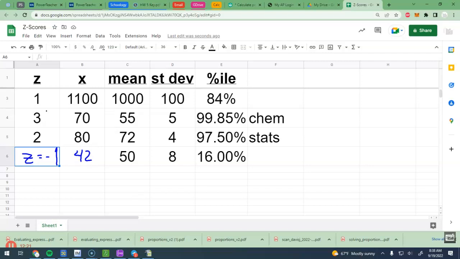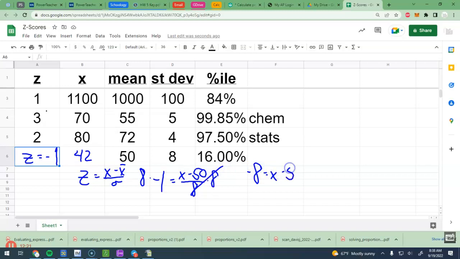Or if you want to do it algebra-wise, you've got your formula z equals x minus x bar over standard deviation. So -1 equals x minus 50 over 8. And then I would multiply both sides by 8. Those cancel, and you'll get -8 equals x minus 50. And then if you add 50 to both sides, look at us using algebra.